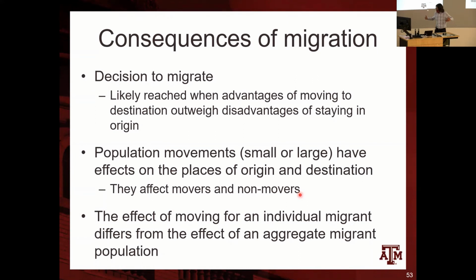And the effect of moving for an individual differs from the effect of an aggregate migration population. For an individual, usually that individual is looking for better educational opportunities for their children, for themselves, better job opportunities. And that dynamic affects both the areas of origin and destination at the aggregate level. So we can do analysis of migration both in terms of the consequences to individuals, but also to the aggregate population.